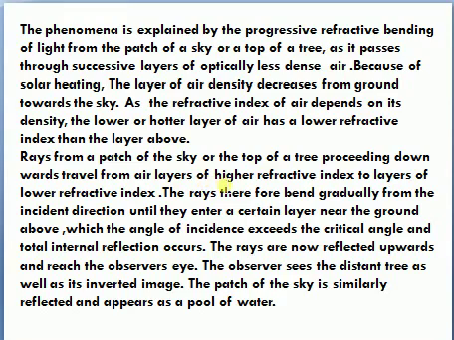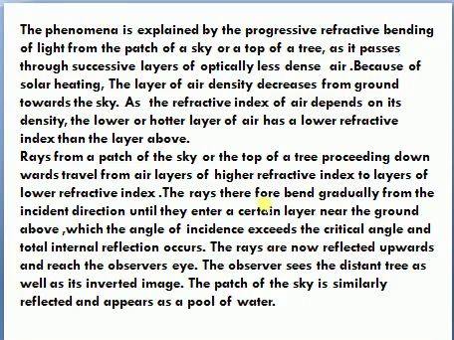Now the rays therefore bend gradually from the incident direction until they enter a certain layer near the ground where the angle of incidence exceeds the critical angle. As this ray of light is moving from the patch of the sky or from the top of a tree, they are doing what?